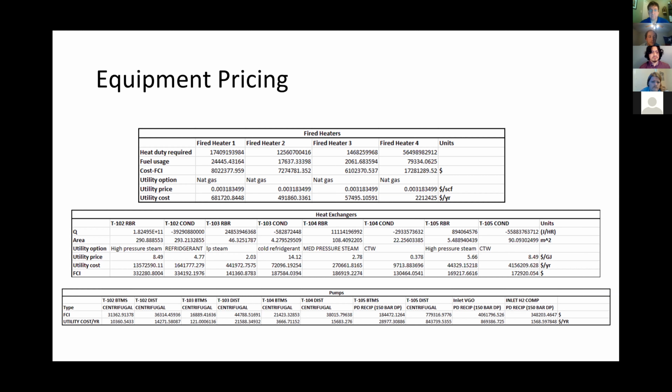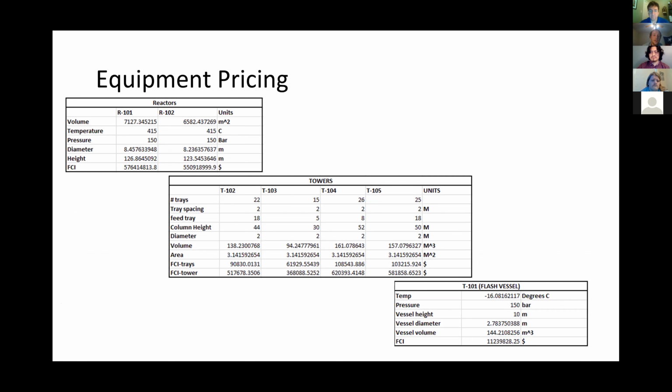And then on our pumps, our highest pump cost was our inlet VGO, because that is the highest flow rate we have in our system. And then our reactors, our reactor 101 had the highest FCI cost, around $57 million.